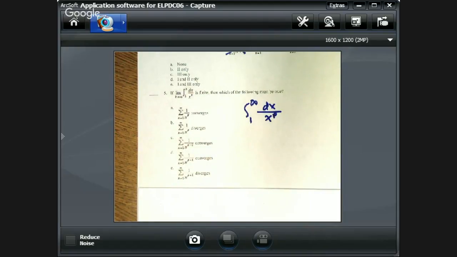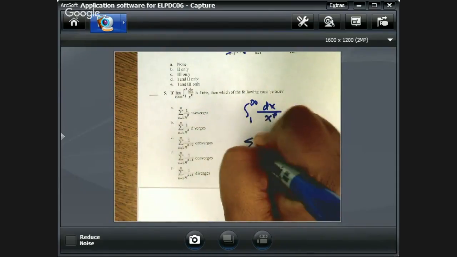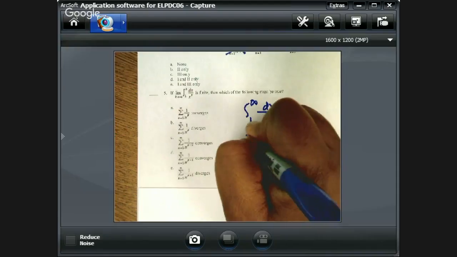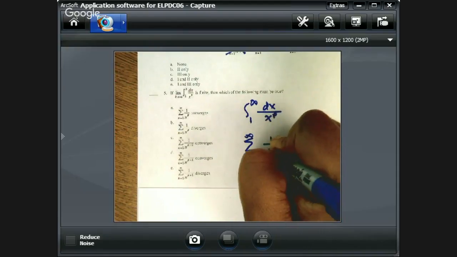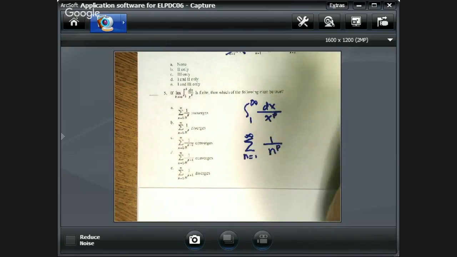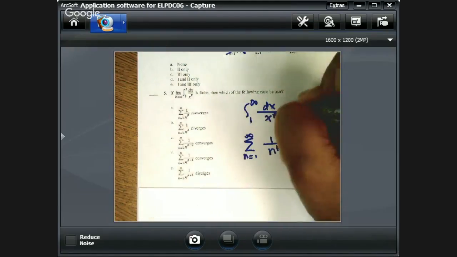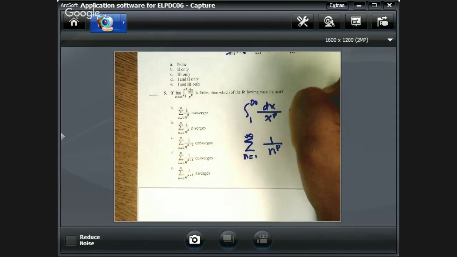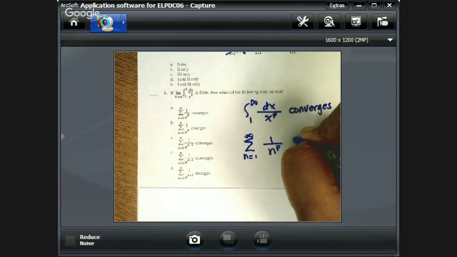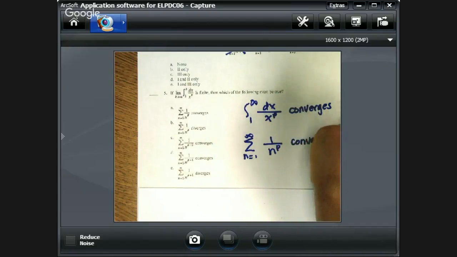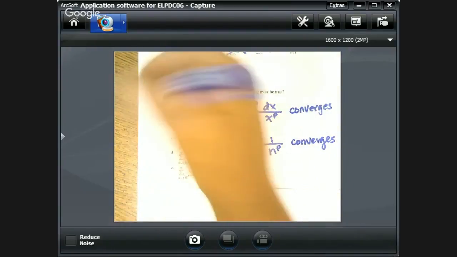And according to the integral test, if I compare this improper integral to a similar infinite series, if this converges, that converges. Well, if this limit is finite, this integral converges, which means that this series converges, which means that the answer is A.